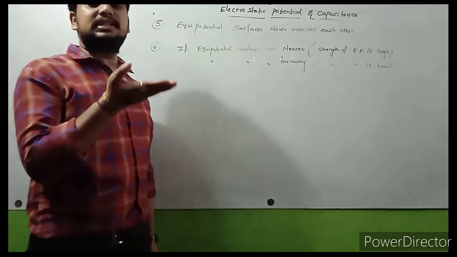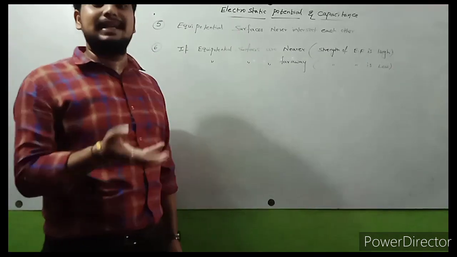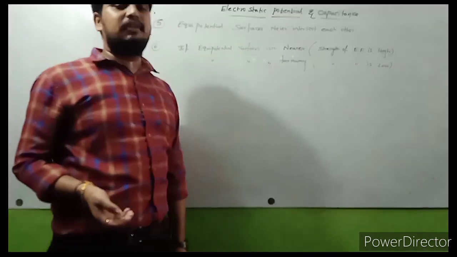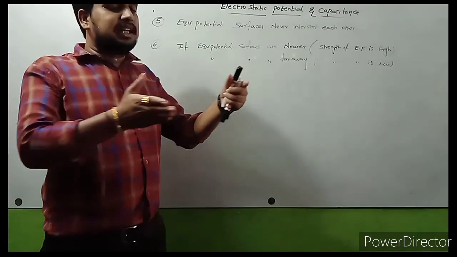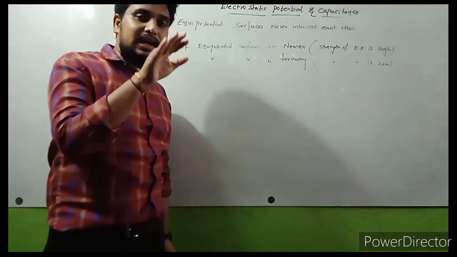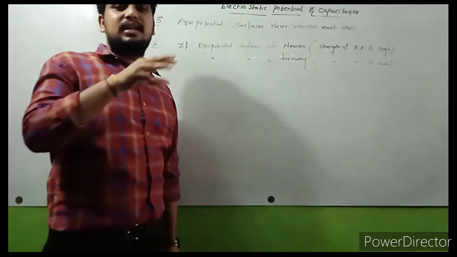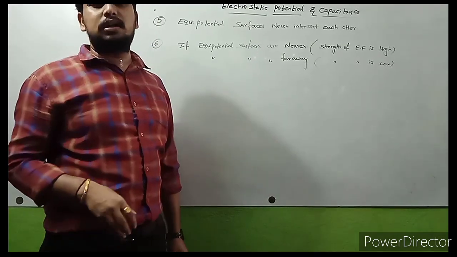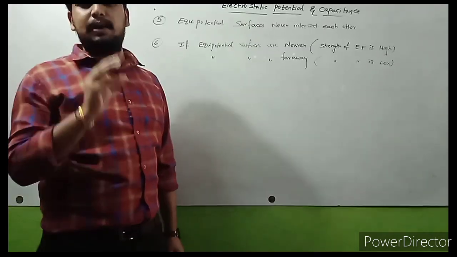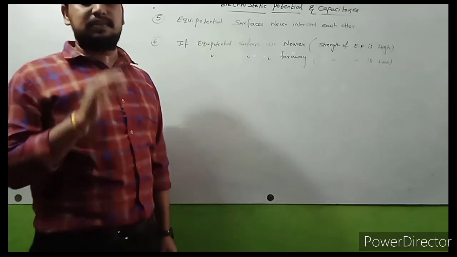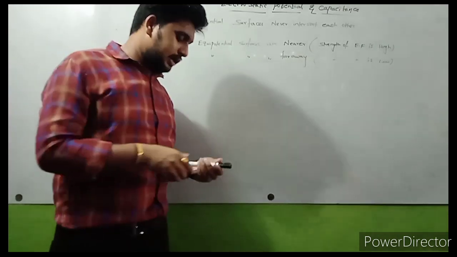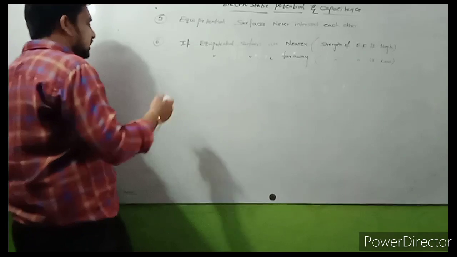If equipotential surfaces are closer or nearer, then strength of electric field is high. If equipotential surfaces are far away, then strength of electric field is low. So these are the main theme about equipotential surface and properties of equipotential surface. Very, very important. Please keep it in mind. Next, few more note points we'll discuss.